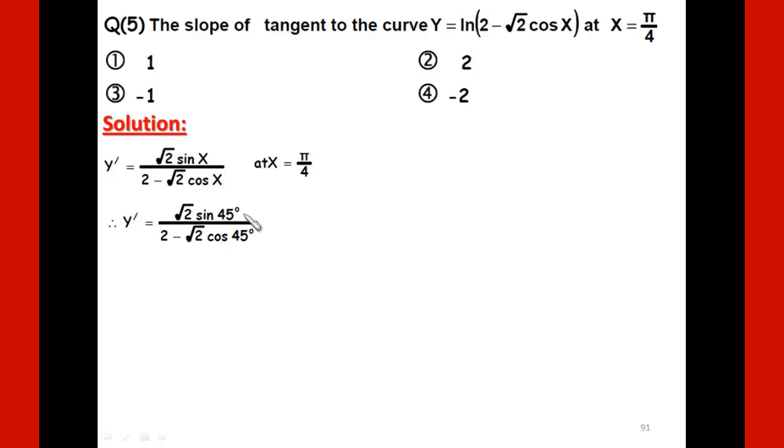So y dash equals root 2 sine 45 over 2 minus root 2 cosine 45. After you calculate it, you will get y dash equals 1. So the answer is number 1.